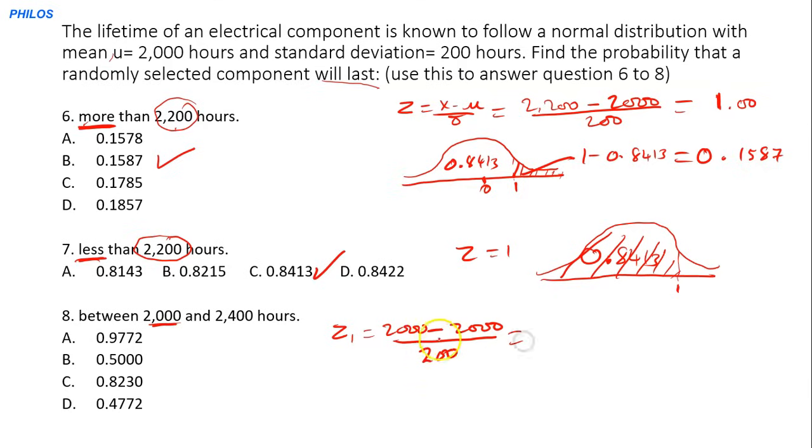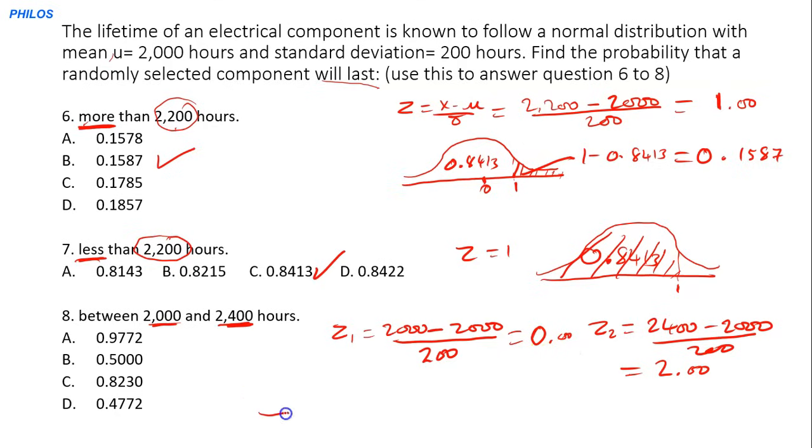So 2000 minus 2000 divided by 200 will give us 0. Then we also find a second z. To get a second z, we take the second x, which is 2400, minus the mean, which is 2000, divided by 200. So 2400 minus 2000 is 400, isn't it? Divided by 200, we'll get positive 2.00. This is 0.00 or 0.